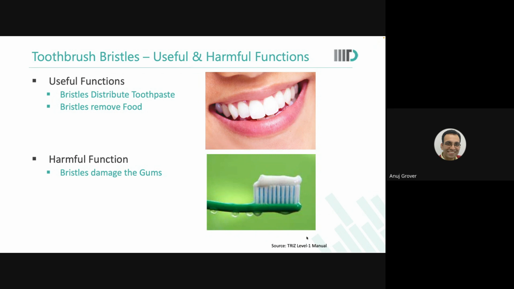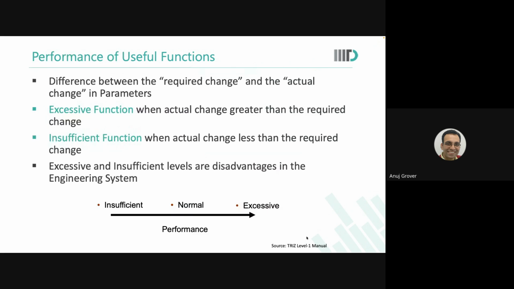In a function model, you should remember that when we talked about function modeling, we said it talks about cost, effectiveness, usefulness, and so many things about the function. So another dimension that we talk about when we do function modeling is the performance of the useful function.